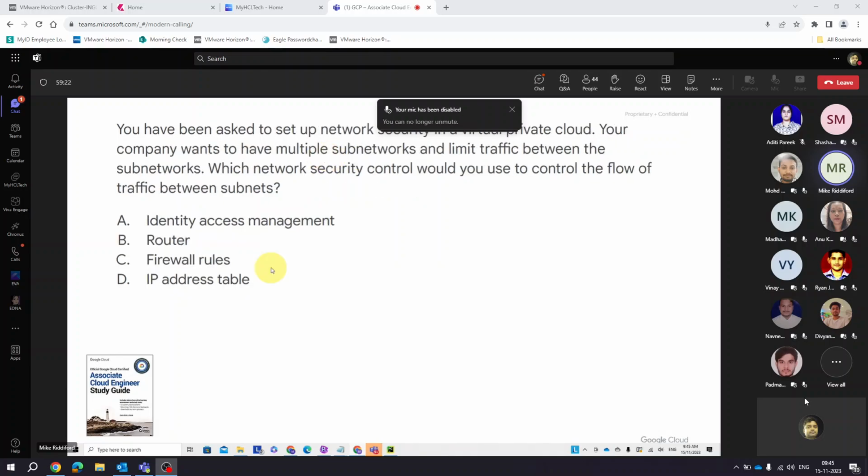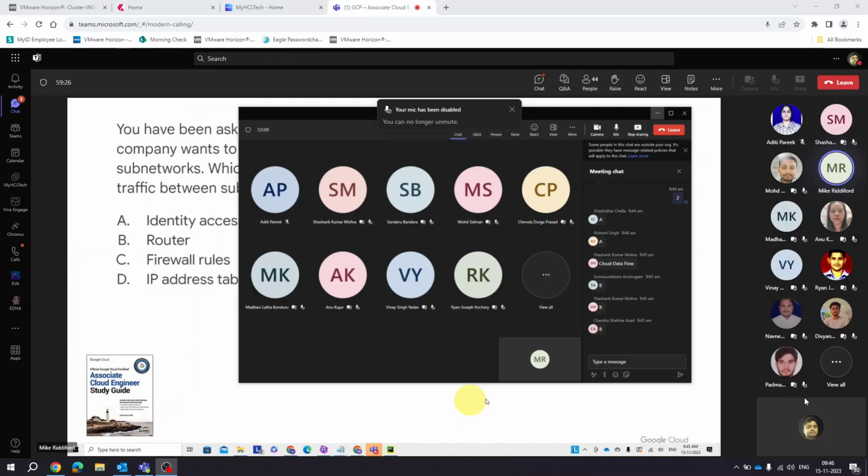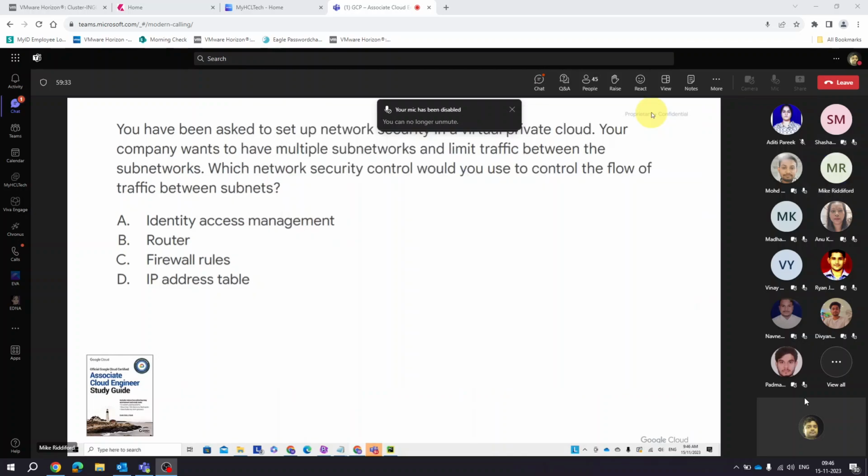Again, let me put question 3 in the chat so I know where the new answers start. Which security mechanism allows me to control the flow of traffic between subnets?